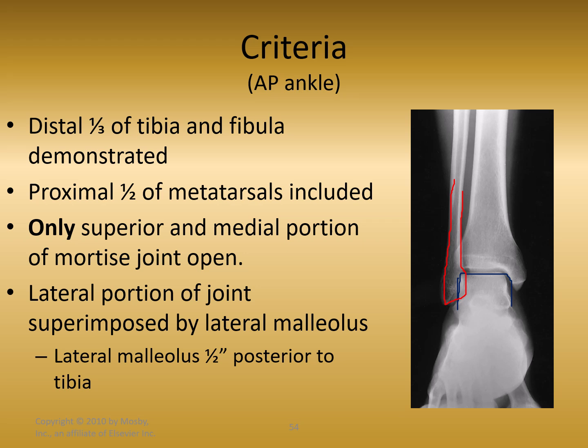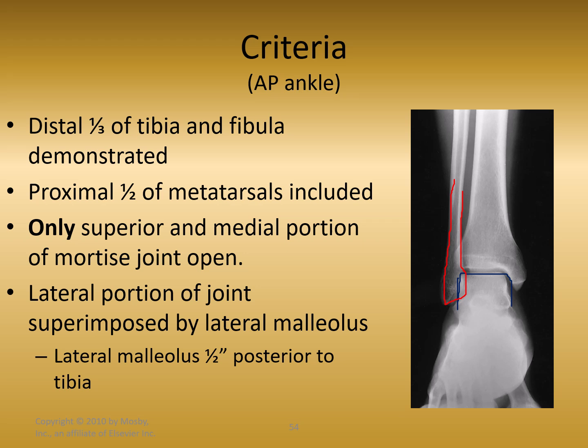That is the first thing you're going to look at on your ankle x-rays to identify whether it's an AP ankle, a mortise ankle, or an oblique 45-degree angle ankle.